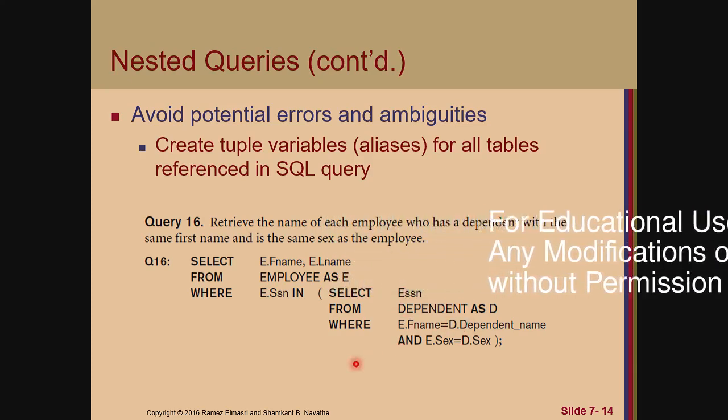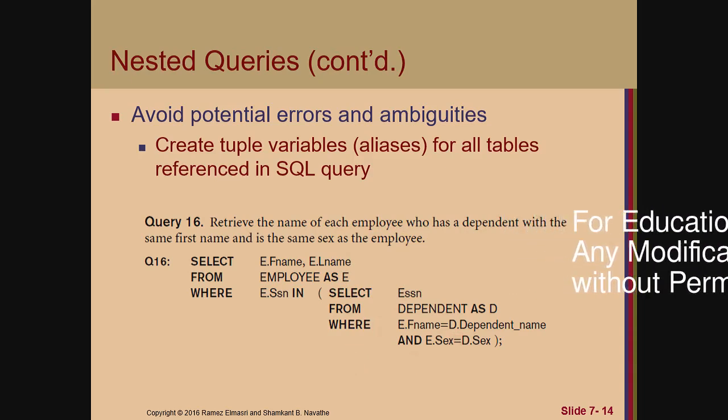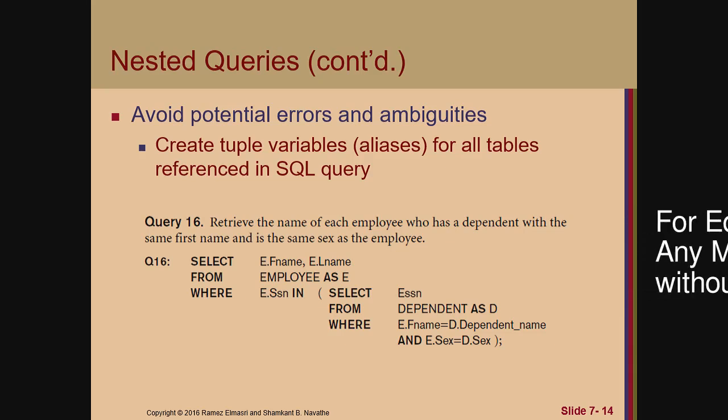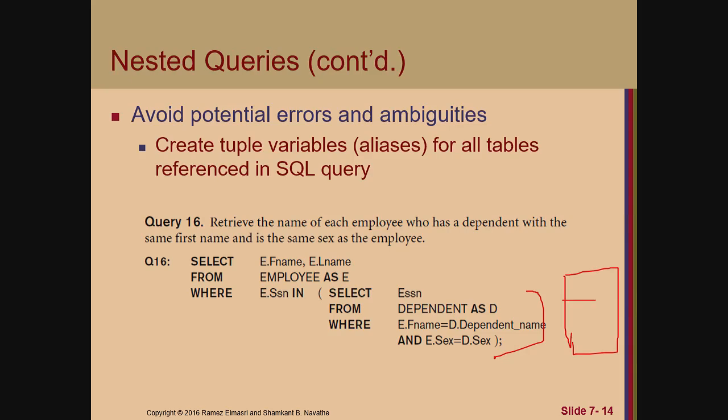So you have to imagine that from the subquery here, the result we got is only one column, right? SSN. From the subquery we got just one column, the set of people who had the first name equal to the dependent name, similar name, and the same sex.